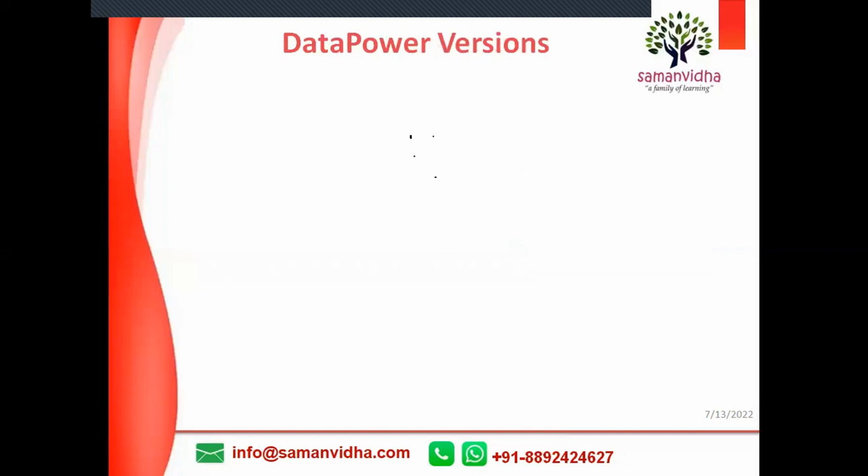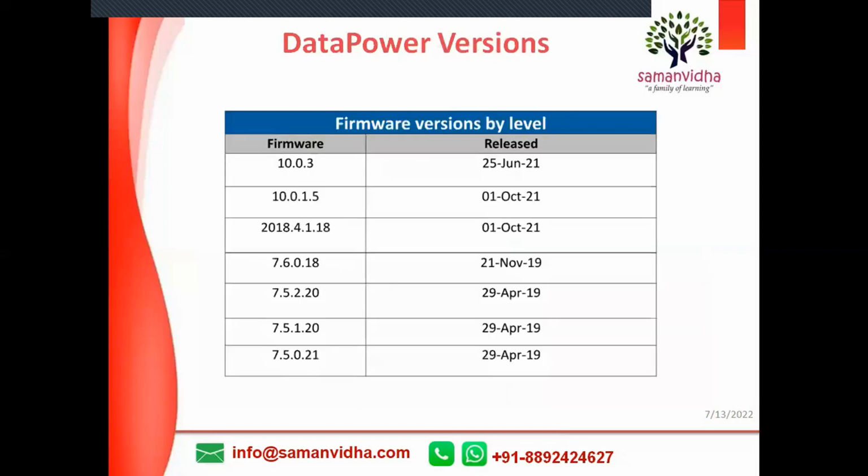So IBM DataPower has different versions. Here you can see how the versions are updated. From 7.5.2, it was updated to 10.0.3, and now it is recently updated to 10.0.7 something.